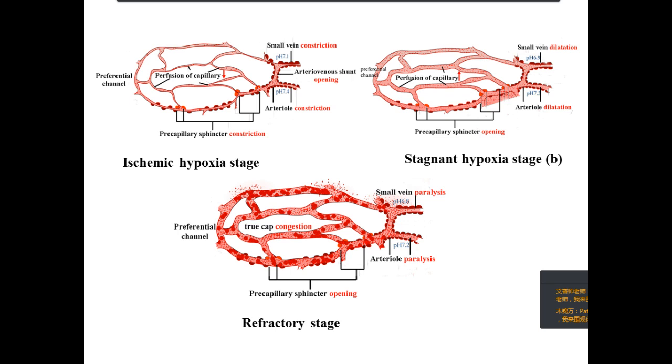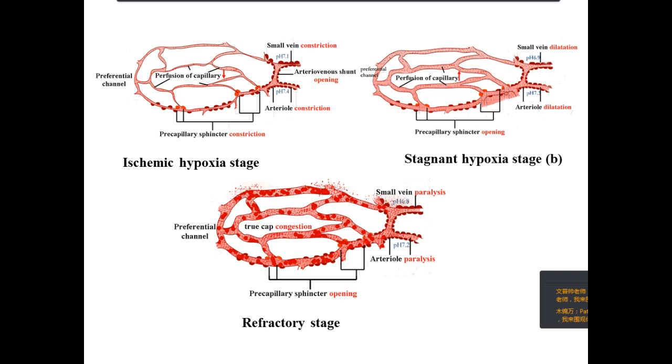First, let's review shock. According to the development of shock, it is divided into 3 stages. First, the ischemic hypoxia state. Second, the stagnant hypoxia state. And the last, the refractory state. For every state we have learned 4 parts.